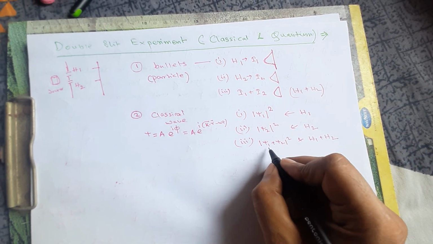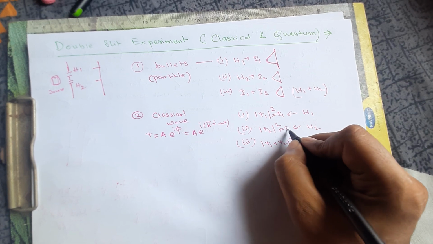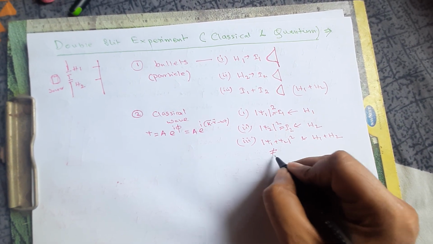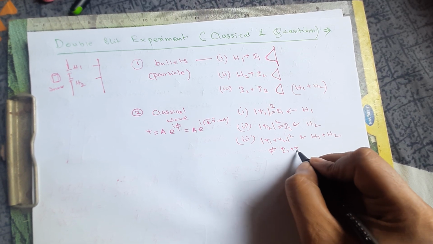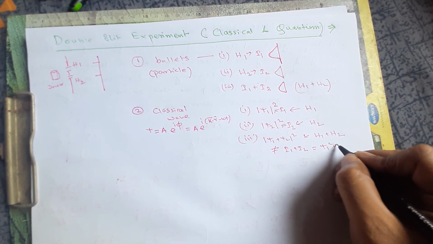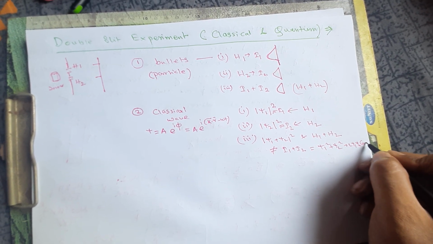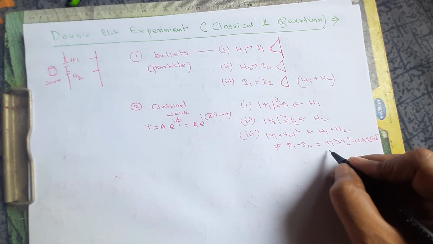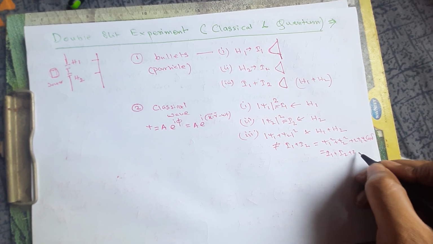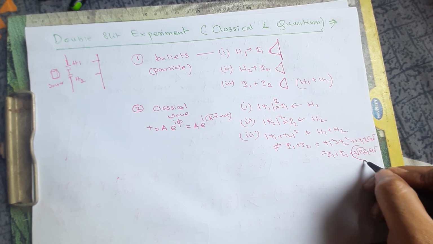Interesting thing to notice: this is I1, this is I2, but this is not equal to I1 plus I2, because if we expand this we get psi 1 square plus psi 2 square plus 2 psi 1 psi 2 cos delta. So I1 plus I2 plus 2 root of I1 I2 cos delta. We get some extra term.